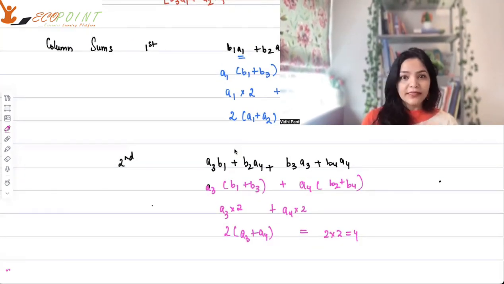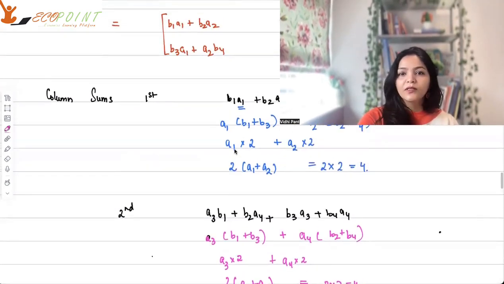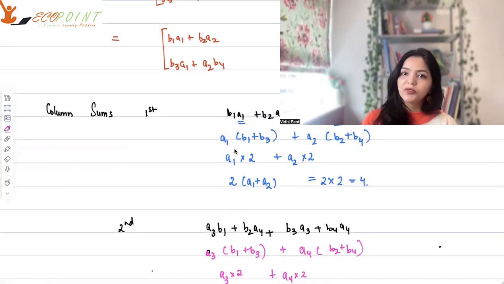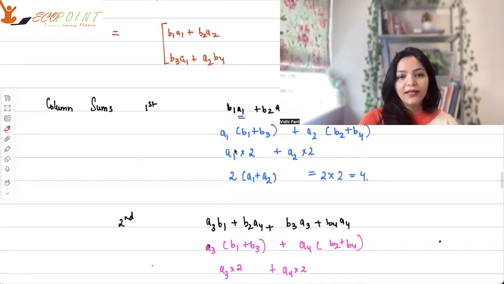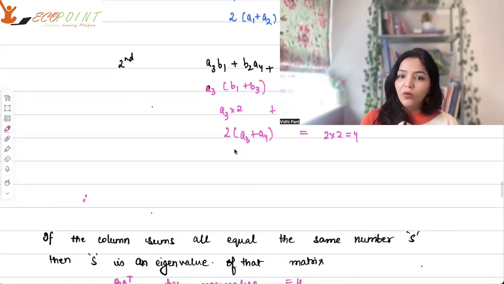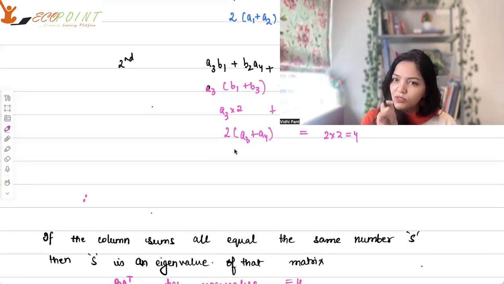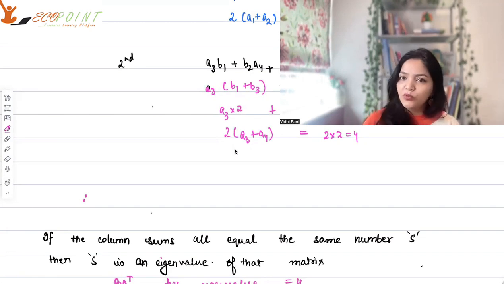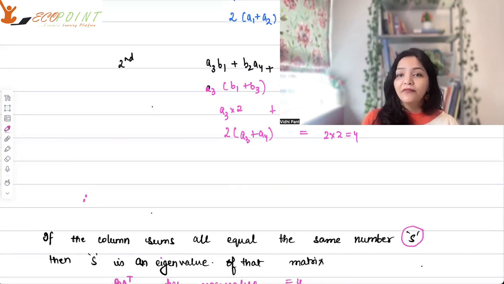If you observe, there's something special that has happened here. The sum of the entries of the first column is also 4, and the sum of the entries of the second column is also 4. What does that mean? Actually, what happens is that if the sum of all columns is actually equal to just one single value, so column 1 sums up as S, column 2 sums up as S, and so on and so forth, then this S is eigenvalue of that matrix.